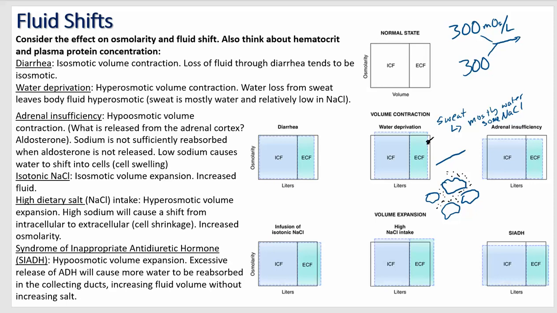But now what starts to happen is we have fluid that's going to move out of intracellular, out of the cells, and into the extracellular fluid. So fluid's moving out of these cells, which means that we're going to have less here. We can see this space over here, which means that we've lost fluid from inside the cells.